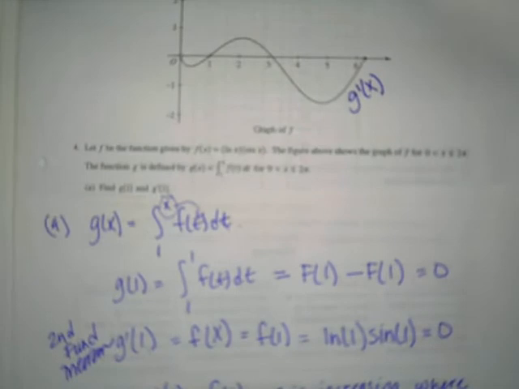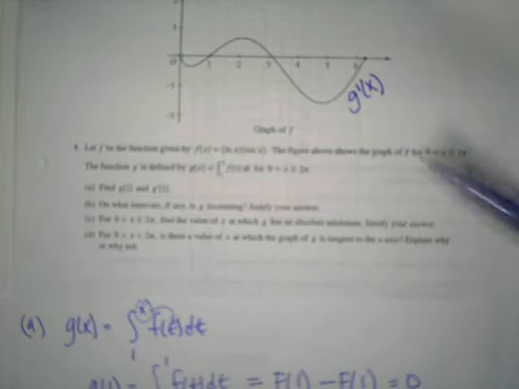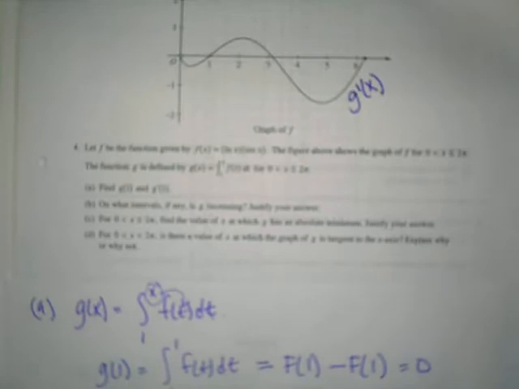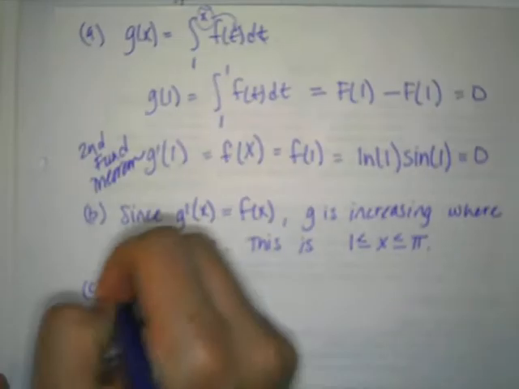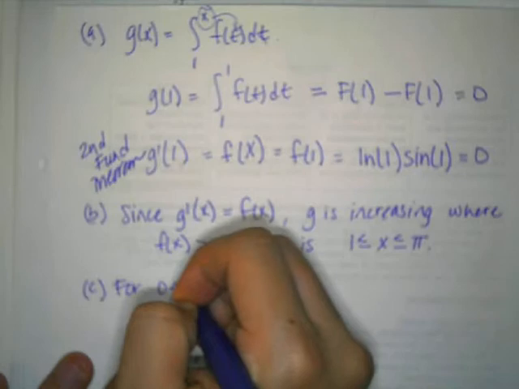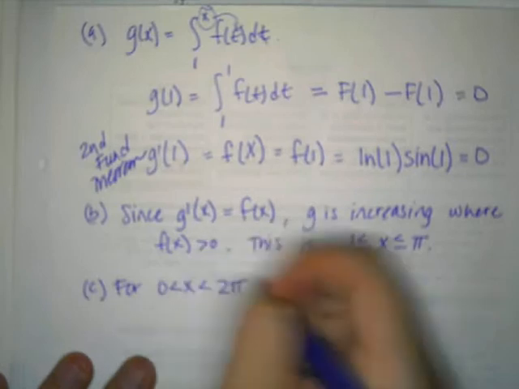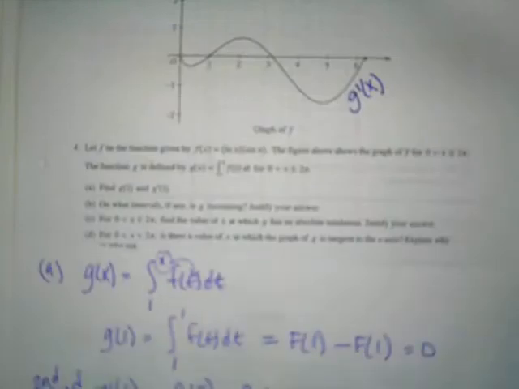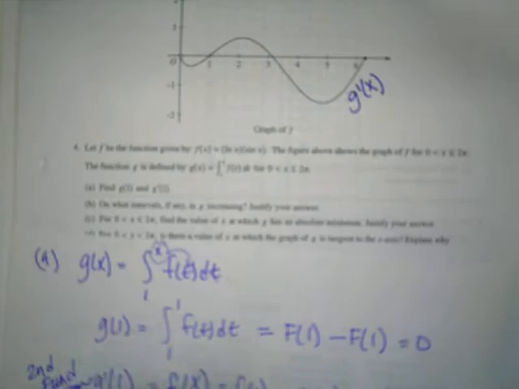Okay. For C, for 0 to 2 pi, find the value of x at which g has an absolute minimum and justify your answer. Okay, so here we go. For 0 to 2 pi, g prime of x, because we're looking for the absolute minimum, we have to find the relative minimums of g, which you find by taking the derivative and setting it equal to 0.